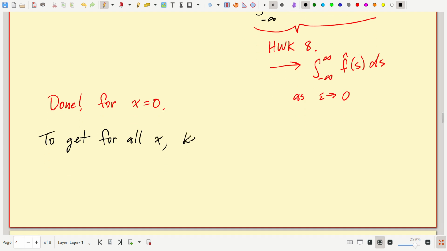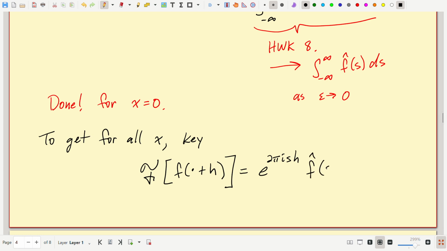The key is one of these formulas we had: the Fourier transform of the shifted function, f, I'll call it dot plus h, the translated function. Remember that you write it out, change variables, and you get this formula. That's e to the i s h f hat s ds.